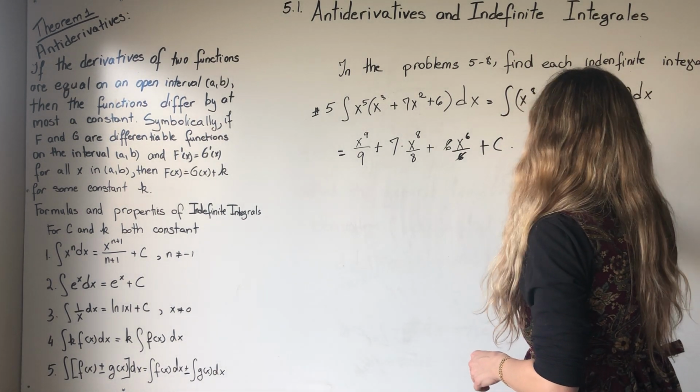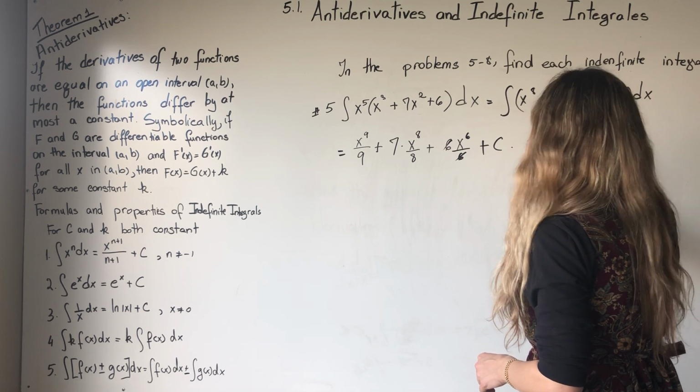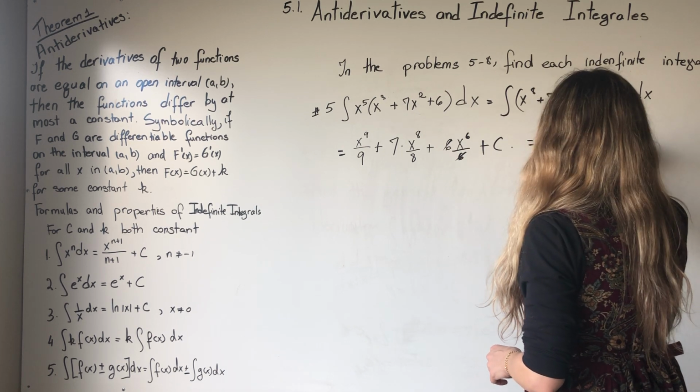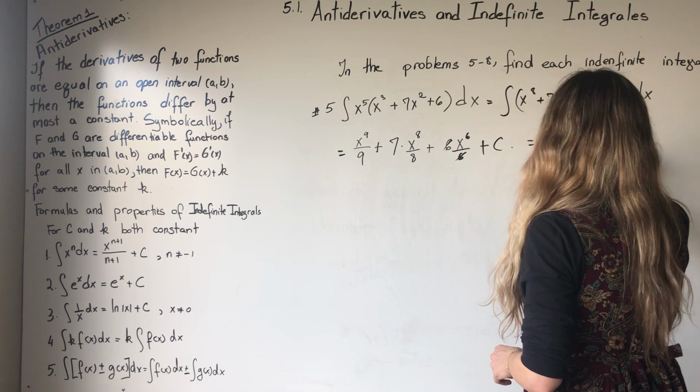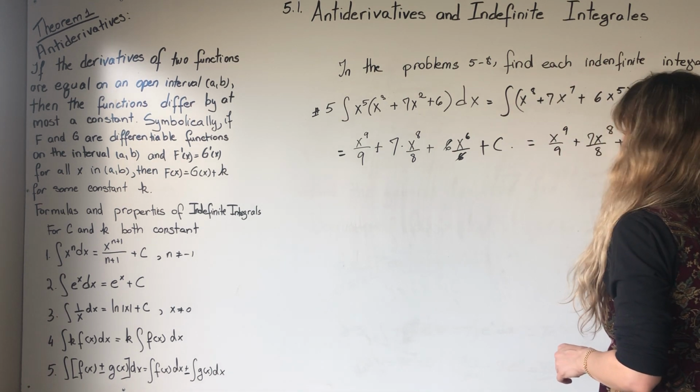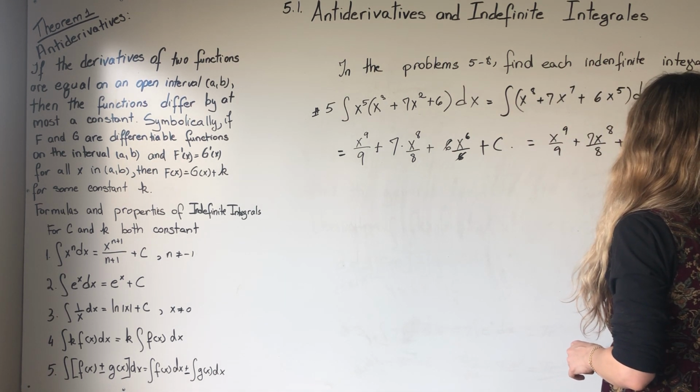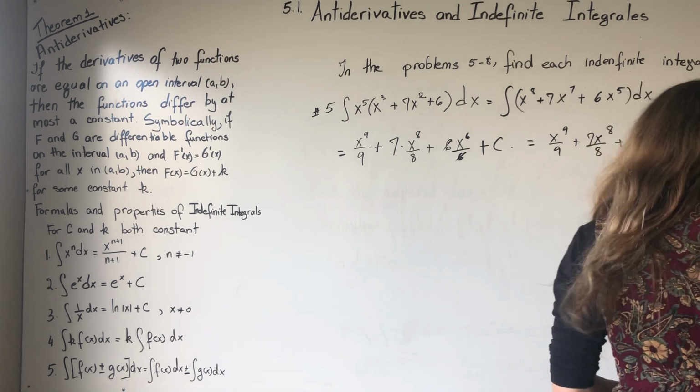So therefore my answer is x to the power of 9 over 9 plus 7x to the power of 8 over 8 plus x to the power of 6 plus my constant c.